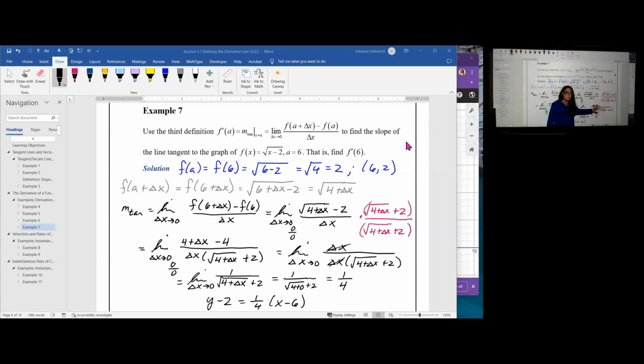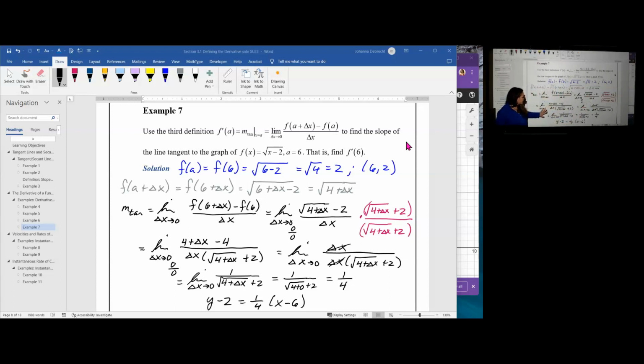I don't multiply out the denominator because I'm hoping a factor will cancel from the denominator. This leads to 4 plus delta x minus 4 in the numerator, which reduces to delta x. Now I can cancel that delta x as a common factor. And it leaves the square root of 4 plus delta x plus another 2 in the denominator.